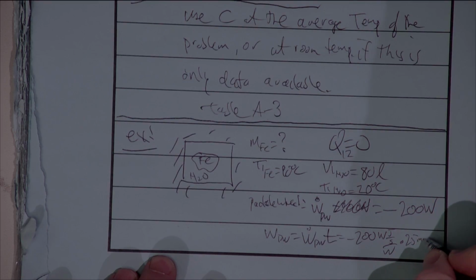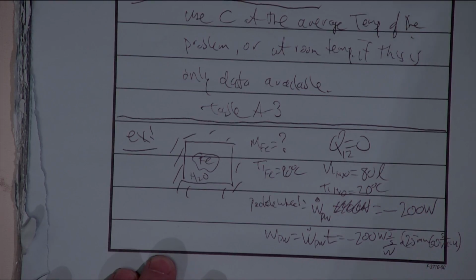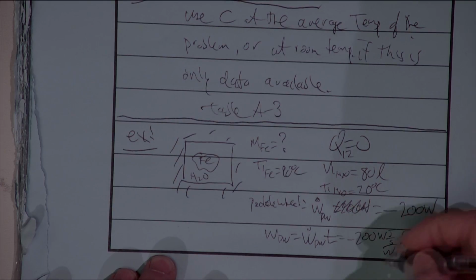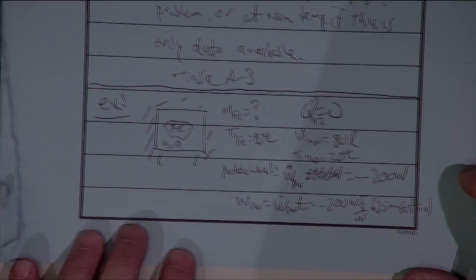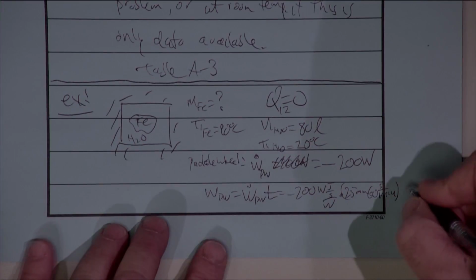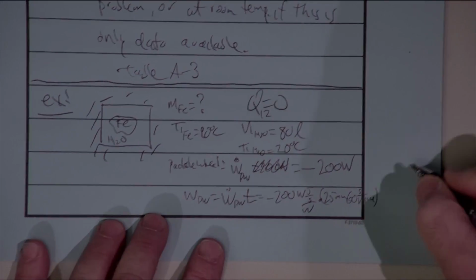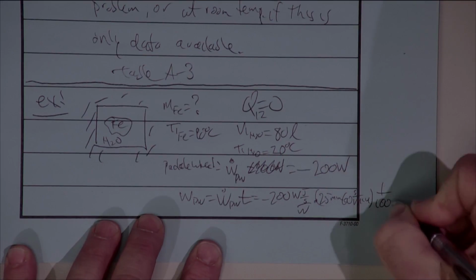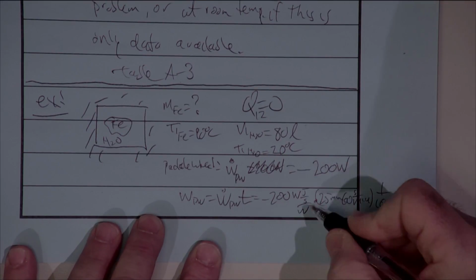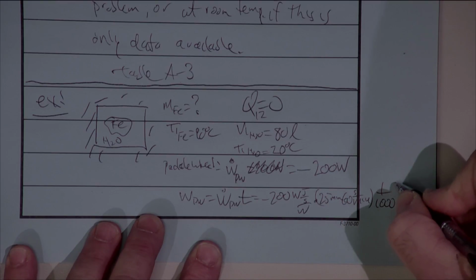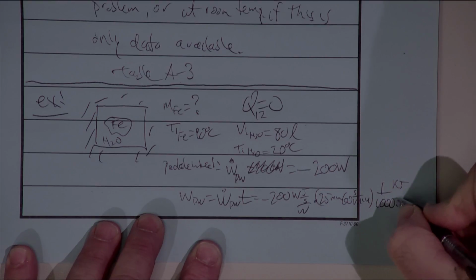Then we have to multiply this by 60 seconds per minute for the units to work out properly. And then we also have to divide by 1,000, don't we? Didn't leave a whole lot of space here. Sorry about that. I guess I can write on the side. So we divide by 1,000 because we have to convert joules to kilojoules. So there's 1 kilojoule for every 1,000 joules.